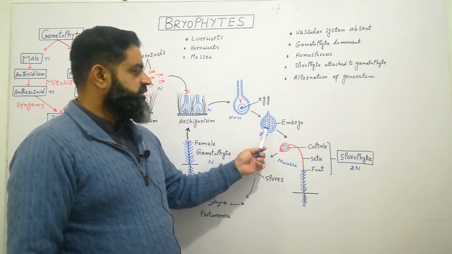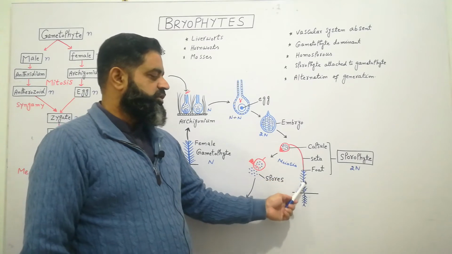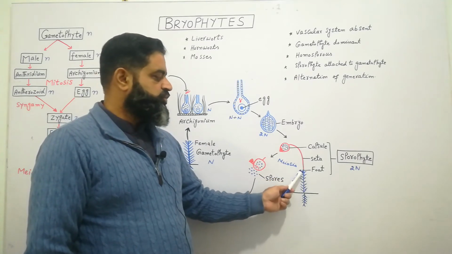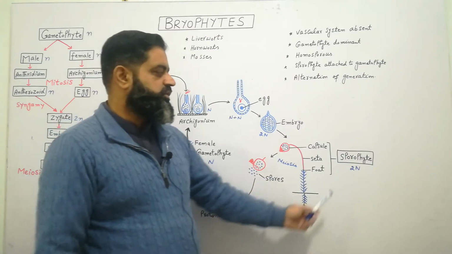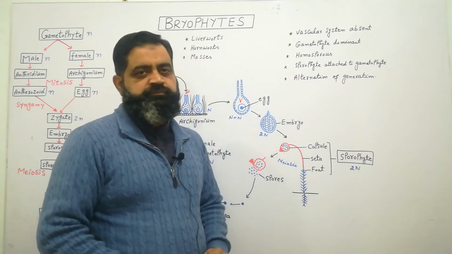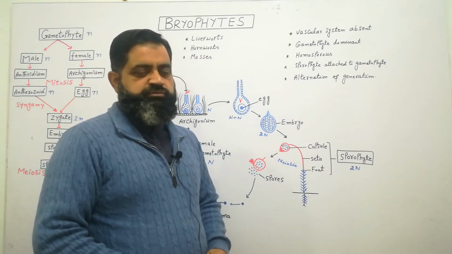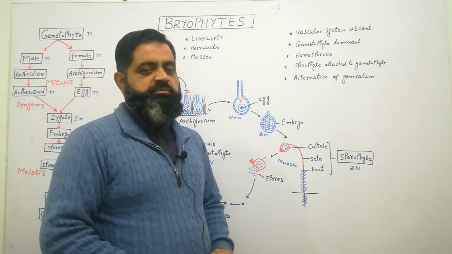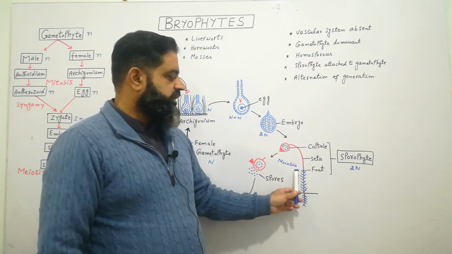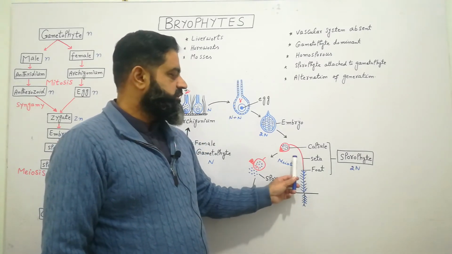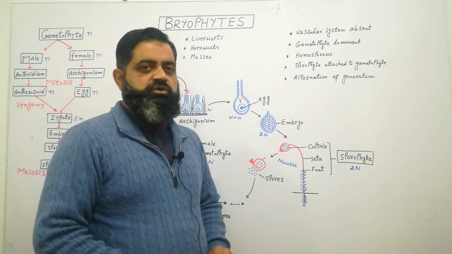This embryo will germinate on the plant body of the female gametophyte into a new kind of plant which is known as the sporophyte. If we look at the structure of the sporophyte, it is different from the gametophyte. Gametophyte is conspicuous while sporophyte is inconspicuous.